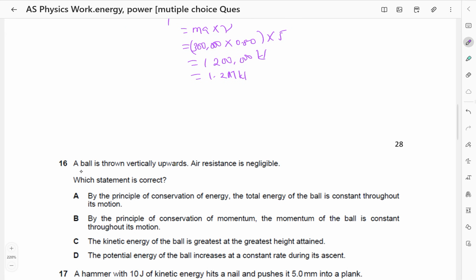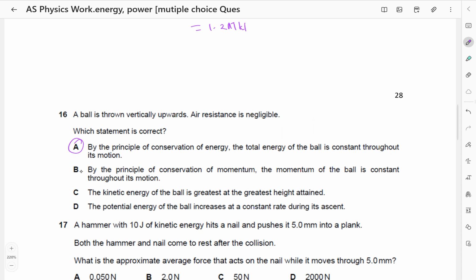The ball is thrown vertically upwards, air resistance is negligible. Which statement is correct? By the principle of conservation of energy, total energy of the ball is constant throughout the motion. This is very true. For an isolated system, total energy is constant. It means the rest will not be making sense. By the principle of conservation of momentum, the momentum of the ball is constant throughout its motion.